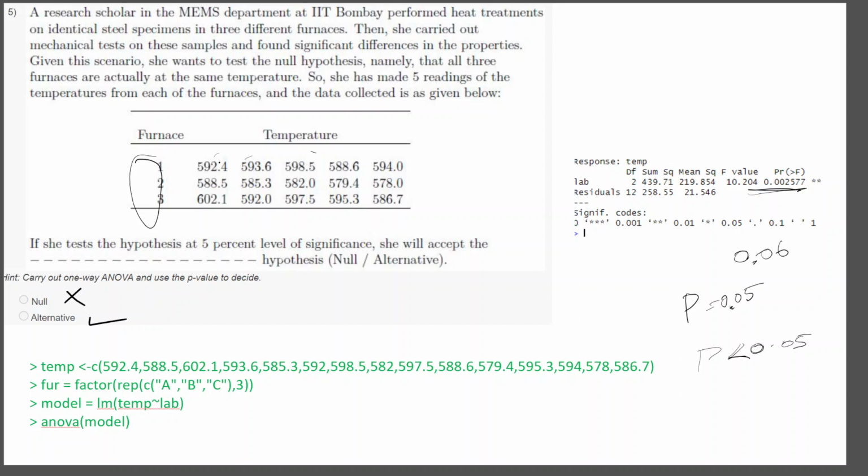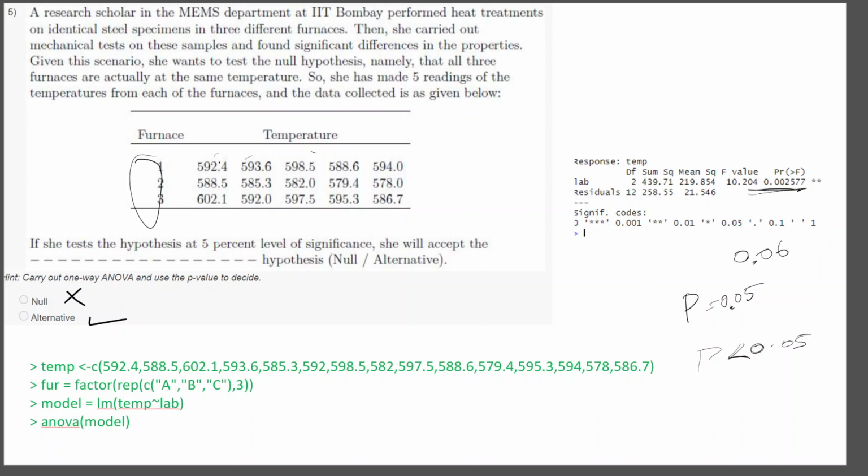We discussed this in detail in the last session or last assignment: when we reject the null hypothesis and when we accept it. Again, I will brush up on that topic. If the p-value is less than the significance level, here 0.05, then we can reject the null hypothesis.